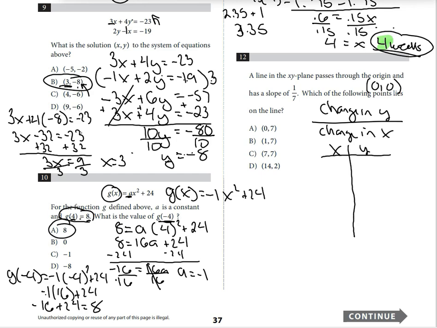So x, y, starting at 0, 0. If our slope is 1 over 7, that's our change in y, and that's our change in x. So we're adding 1, so we're going to get 1, and then 2.